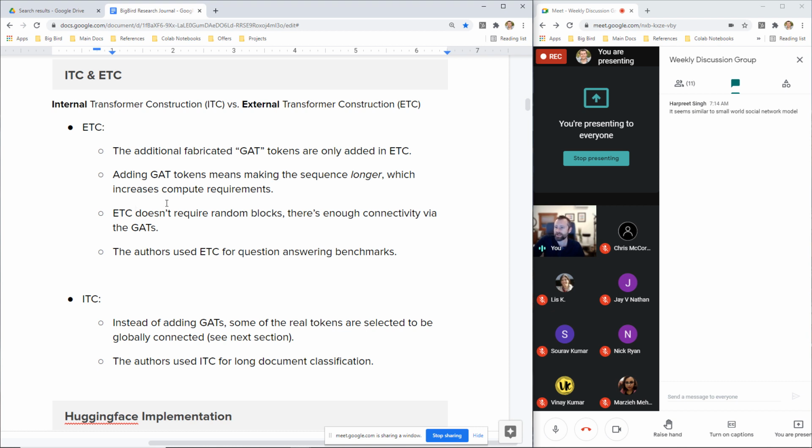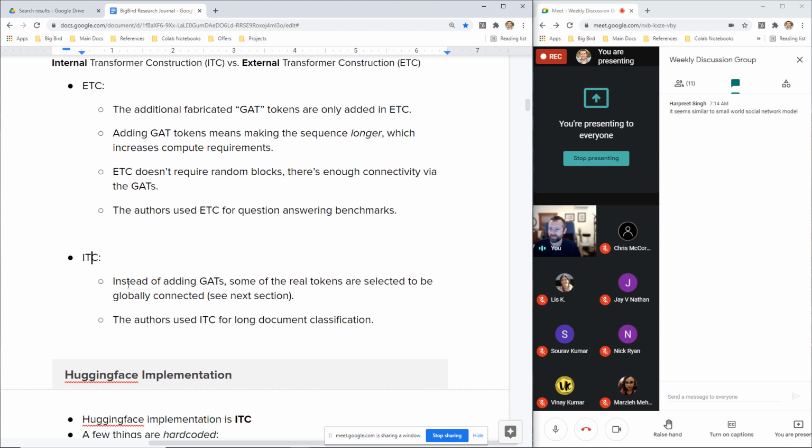They just relied on the global tokens to provide that connectivity. So I think that's a pro, because as I understand it, that random attention is not as compute efficient as the other kinds, as the sliding window and the global tokens. So another trade-off there.